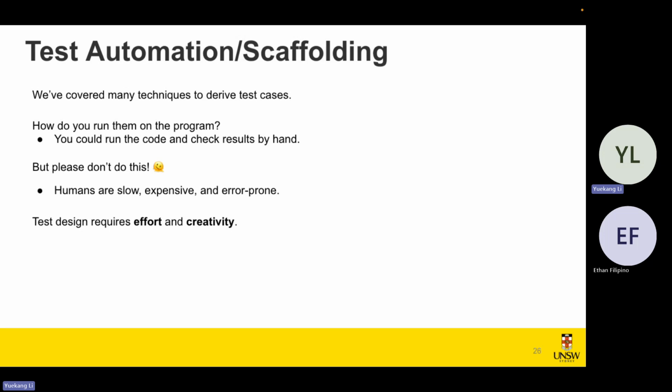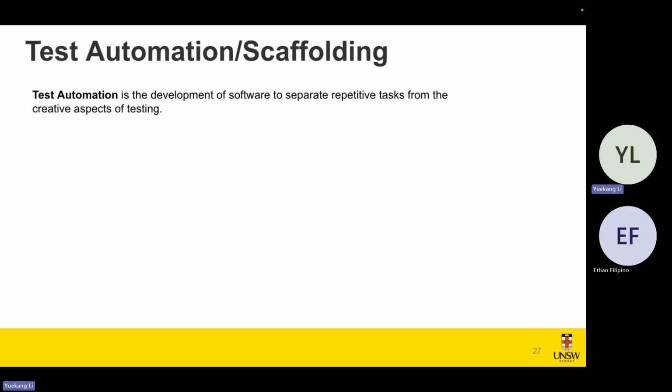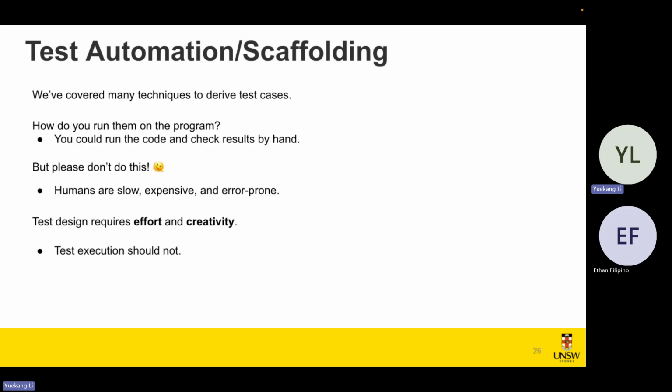Then executing the tests shouldn't cost you a lot of effort. So we need to think about how we can automate the process of executing the tests we have created. And the CI CD pipeline on GitHub is an example.